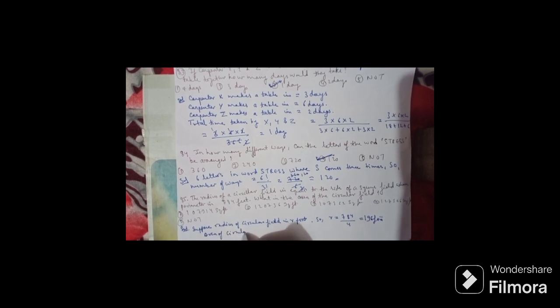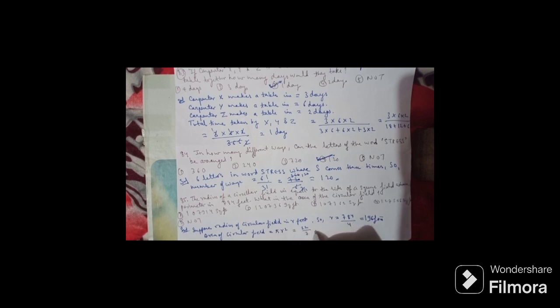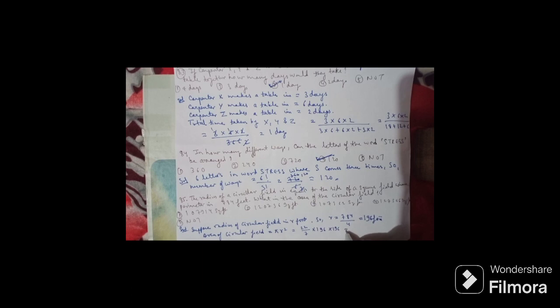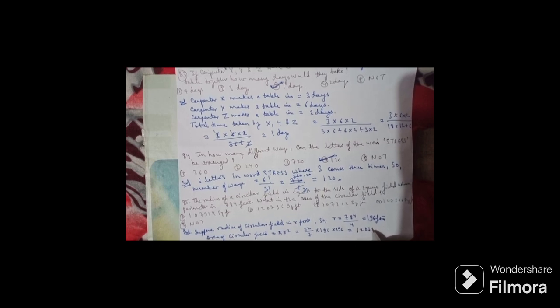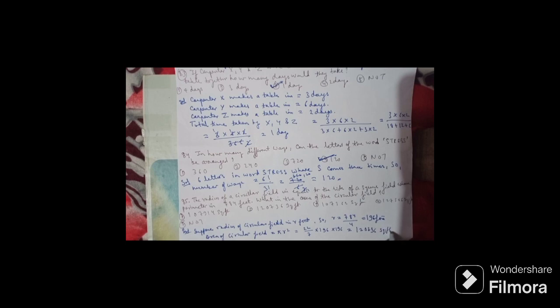Area of circular field is pi r square, which is 22/7 into 196 into 196, that is equal to 120736 square feet, and that is your option 2, the right answer for this question here.